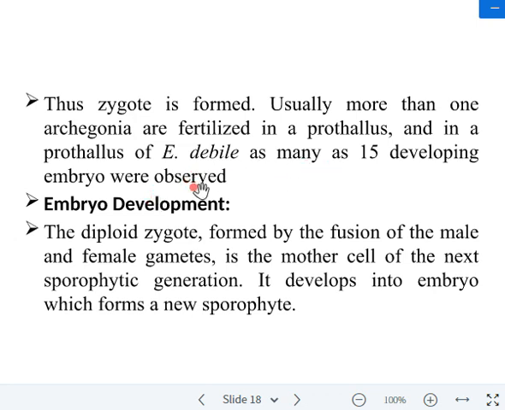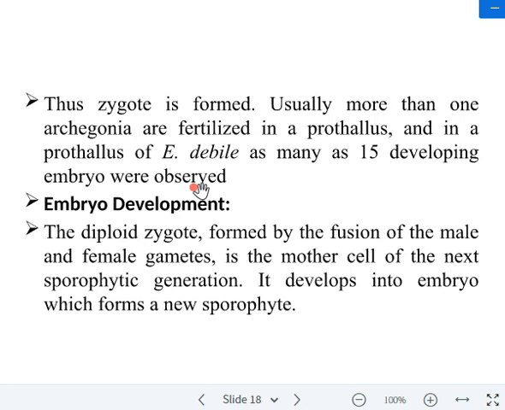In some species of Equisetum, mostly, only one archegonium and one antheridium are involved in the fertilization. But in some species, such as Equisetum debile, 15 embryos were observed after the fertilization. It means 15 egg cells and 15 anthrazoids are involved in this species.